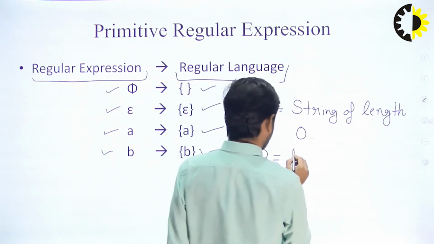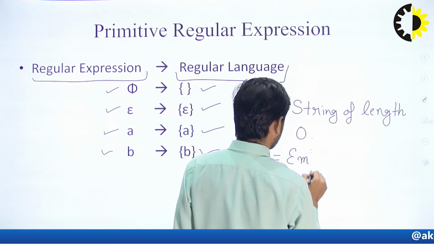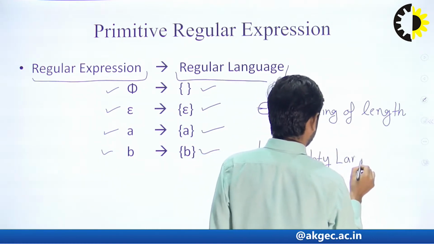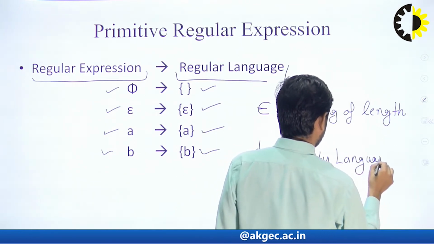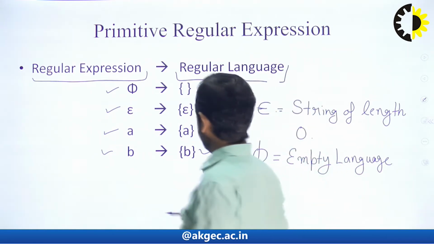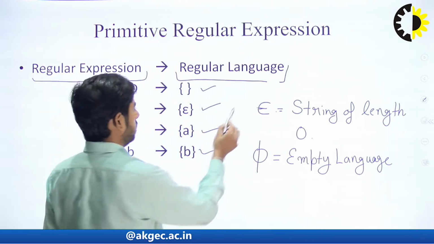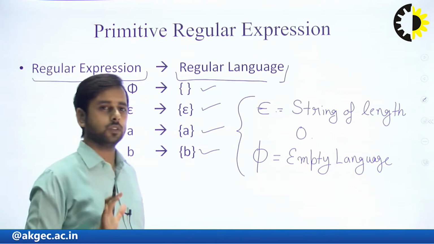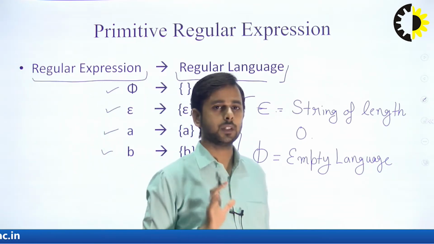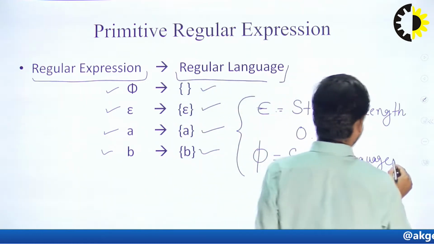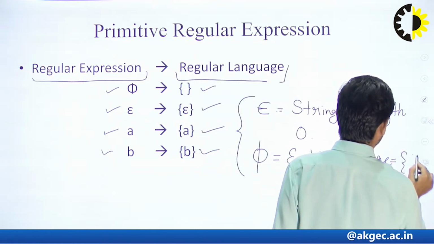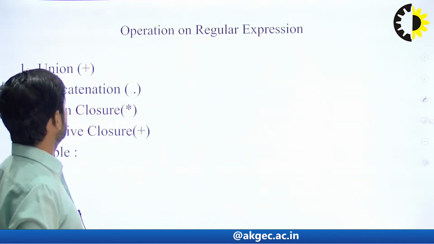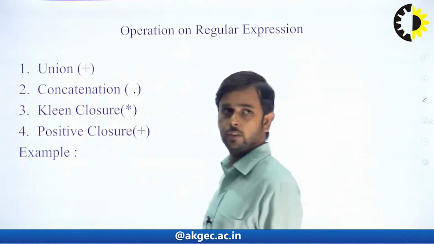Phi is the empty language which does not contain any element. Okay, this is very important. These two things are very important: epsilon is a string of length 0 and phi is the empty language. We denote this empty language by this empty set phi.